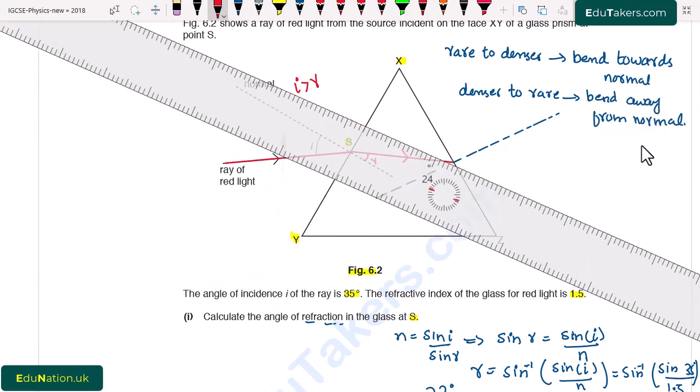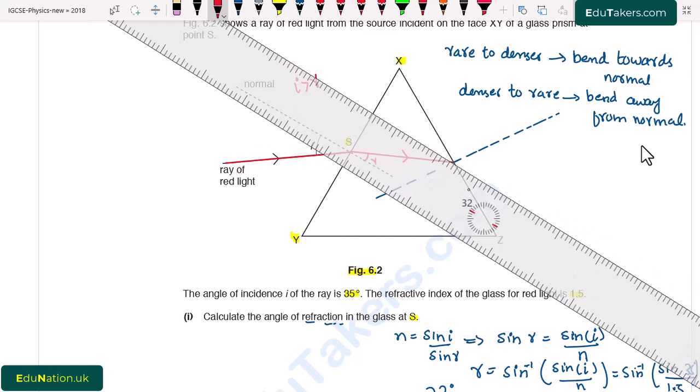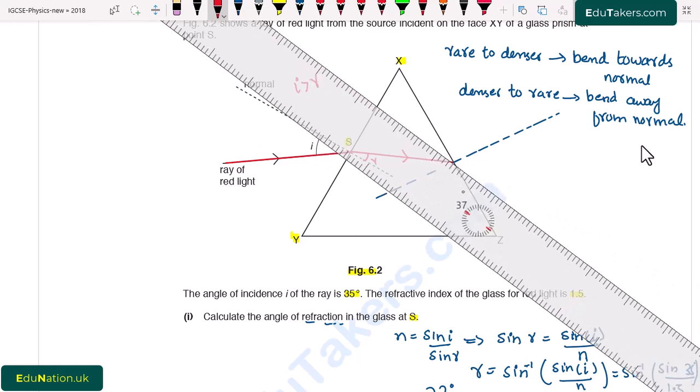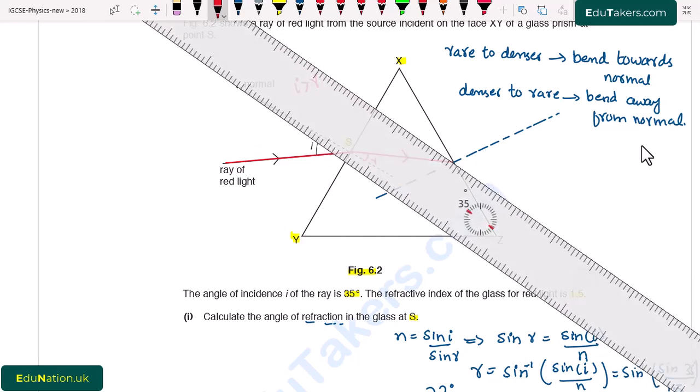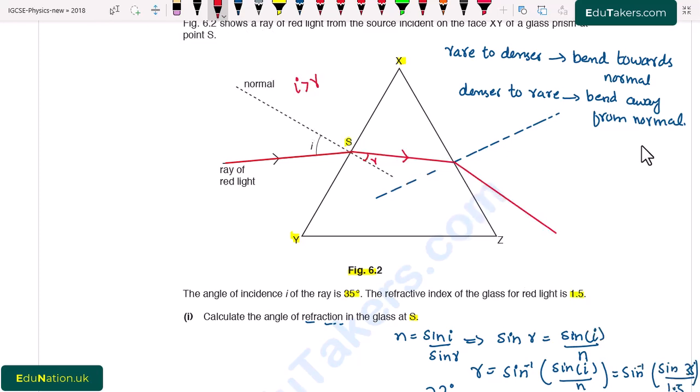I am going to draw it. So this is the angle of incidence for this ray, and this angle is the angle of refraction. So here the angle of incidence is smaller than the angle of refraction, so we can say that this ray bends away from the normal. So this is the complete path of this ray.